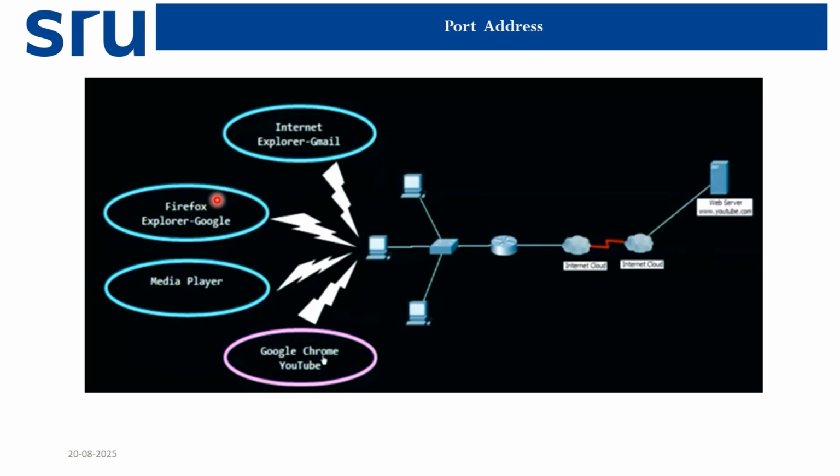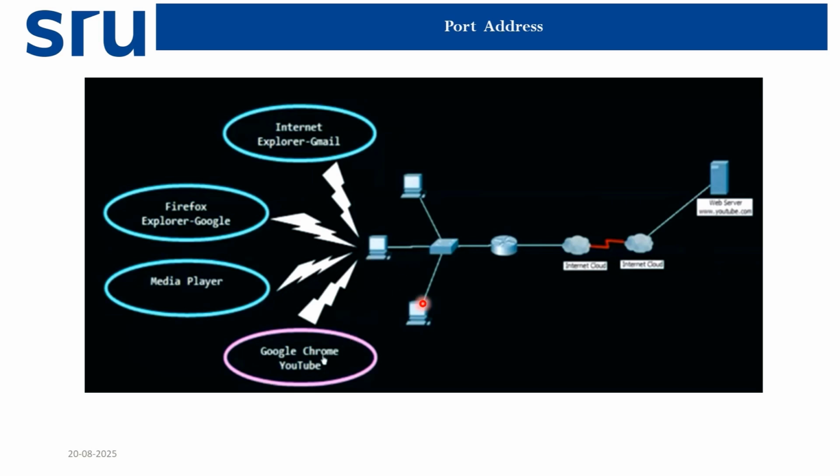Another is Mozilla Firefox, where the Google page is opened, and a media player is running in this computer. Another is Google Chrome, which is opened, and you are accessing YouTube. So YouTube is running in Google Chrome.